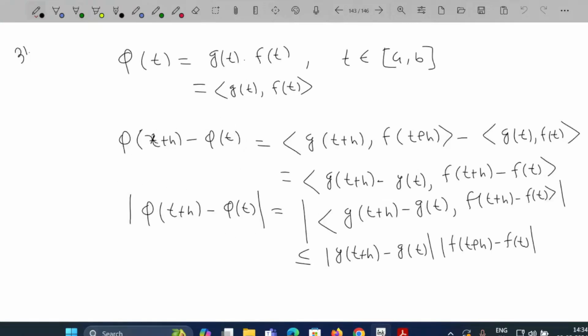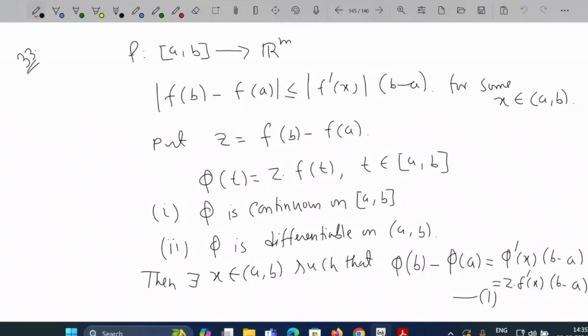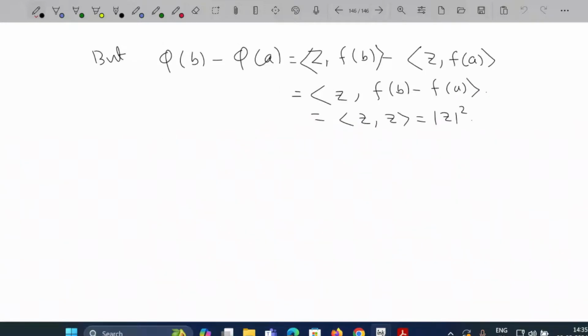Just change it, because it will not be phi of t plus h minus phi of g of t. So you have to mold it a little bit. So 4 terms will be there, but the answer will be the same.